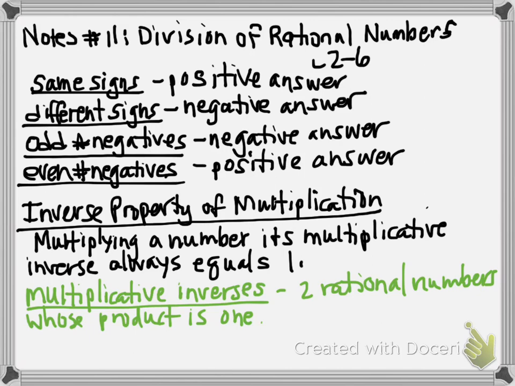Now, the interesting thing is, this is its birth certificate name, and its nickname is reciprocal. And the whole notion behind doing a reciprocal is to figure out how we deal with division.